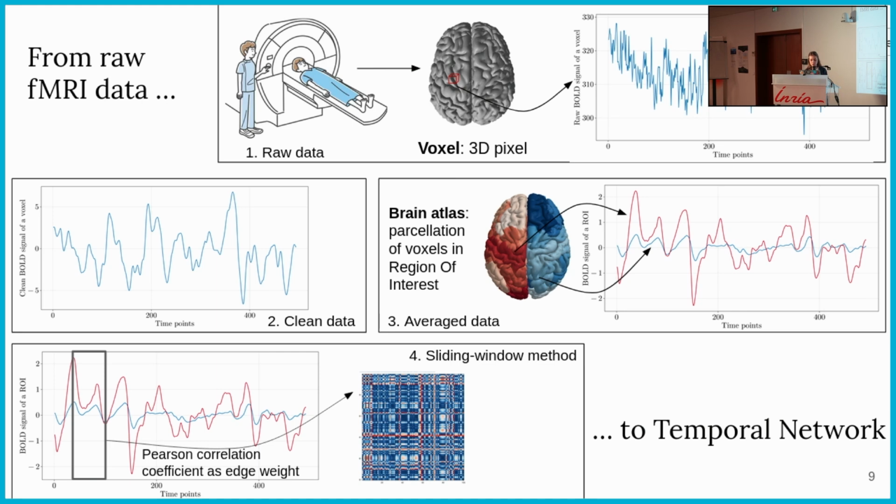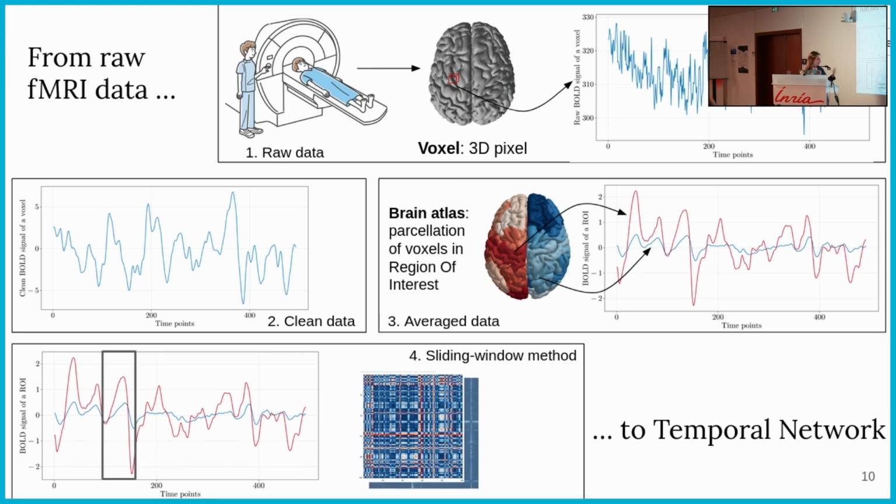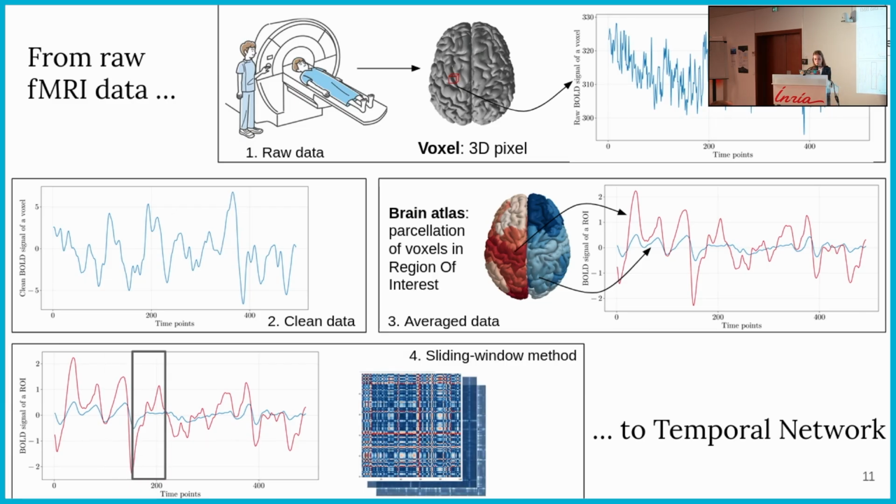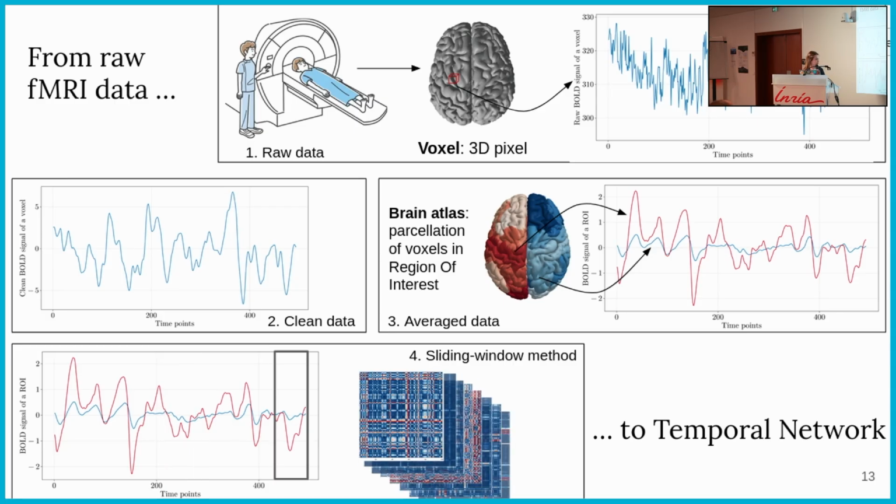After that, we repeat this process and we obtain a second adjacency matrix, because we are again computing all the Pearson correlations, taking into account each couple of time series. And we keep doing this process until we finish covering the whole time series.